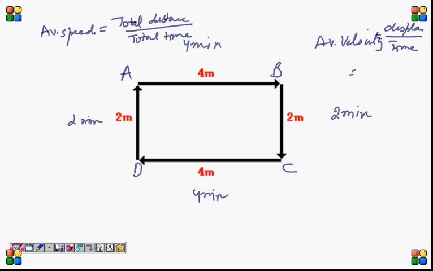Average velocity is quite simple. The displacement of the object is zero because it is moving back to the point where it started. So 0 divided by anything is going to be 0.